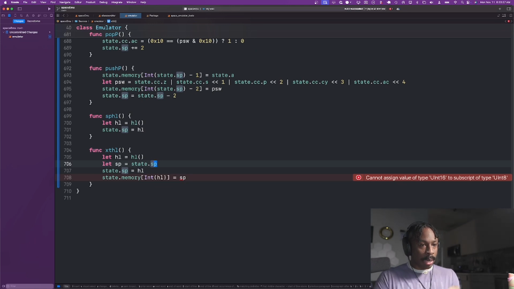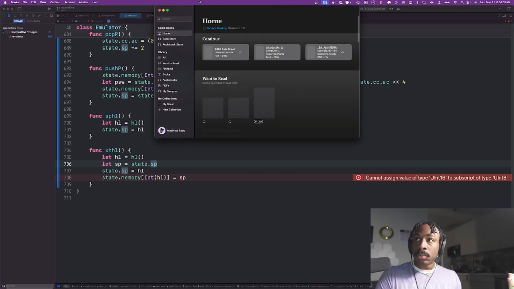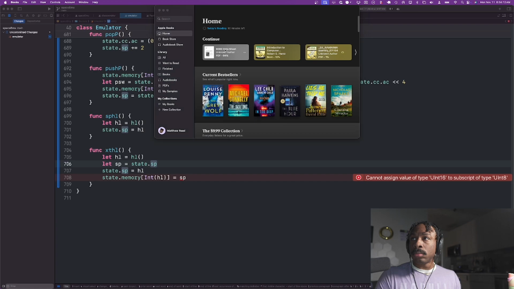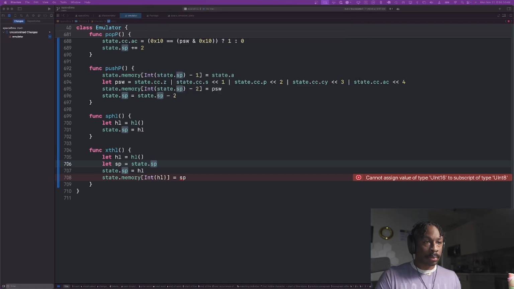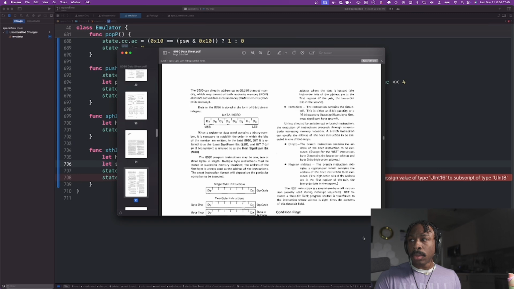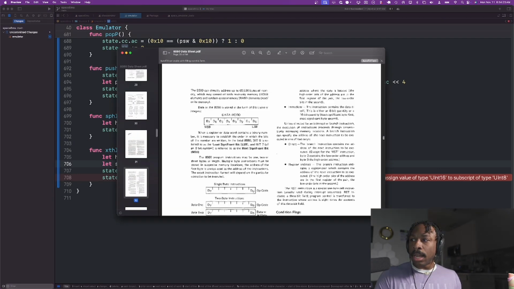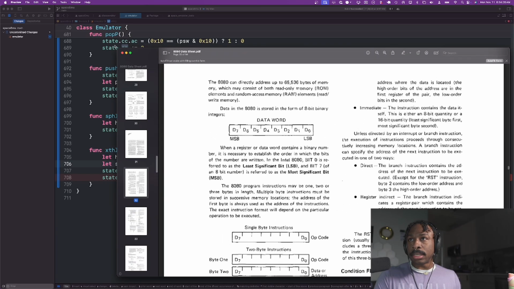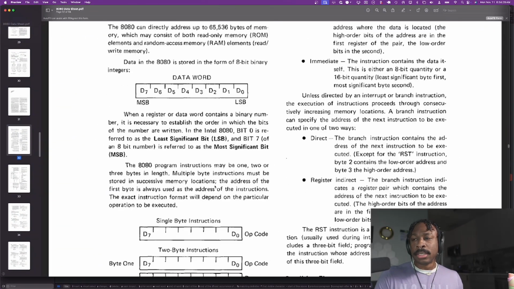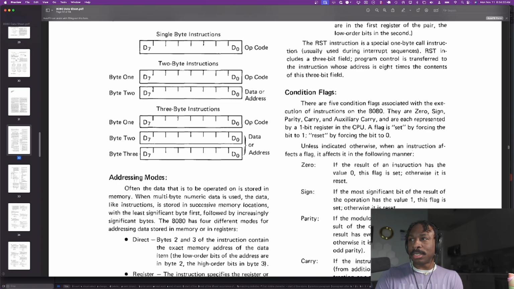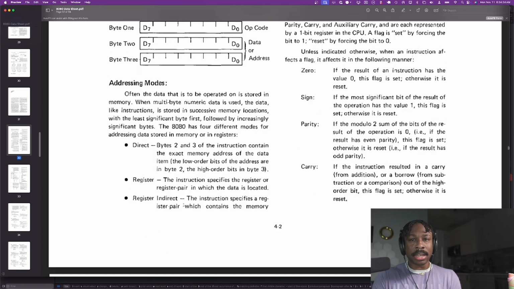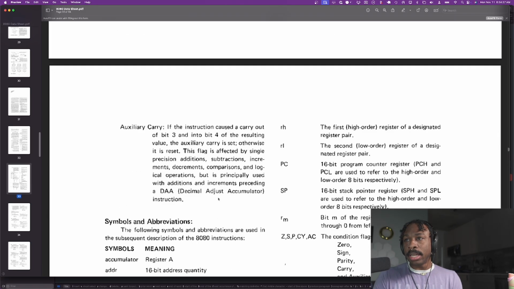So we're going to have to grab the book. I apologize if this is kind of hard to see. It's like somebody literally photocopied this book and saved it as a PDF, but hopefully it is usable.